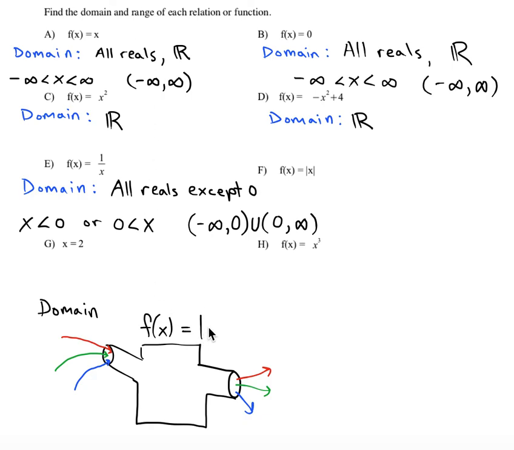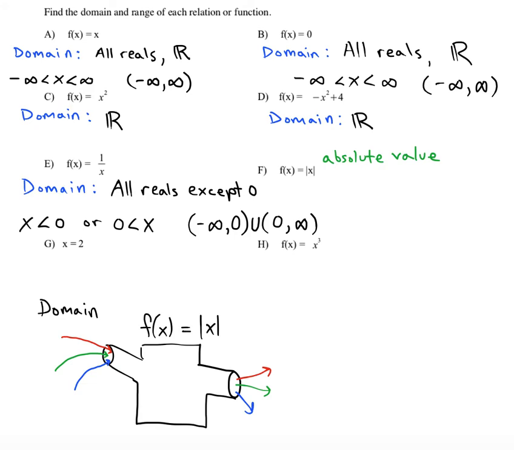Okay, this brings us to the function f of x equals the absolute value of x. An absolute value function takes away any negatives in the x and just makes it positive.